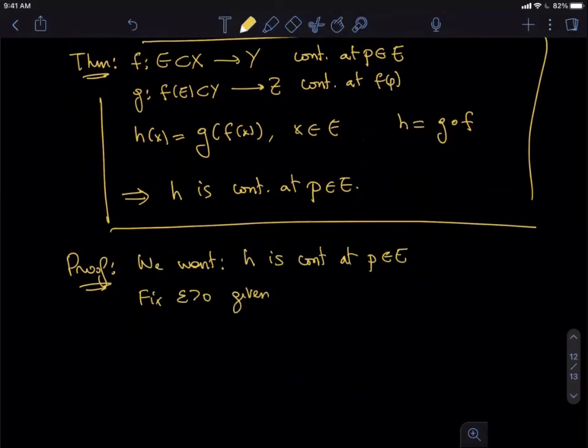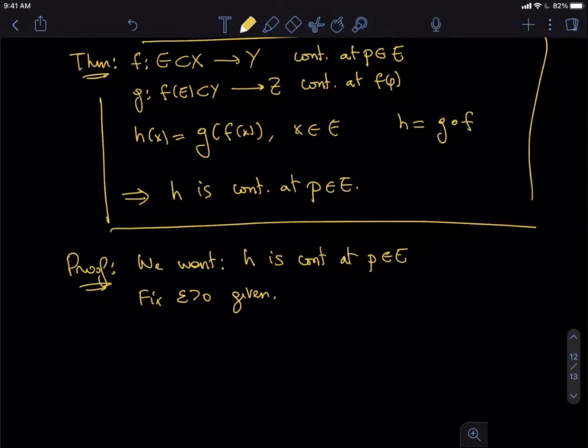But actually, because we are going to have to apply the definition twice, we will need to use two letters. What we do in those cases is use epsilon and eta. So I will get to that in a moment, but for now, let's fix epsilon.